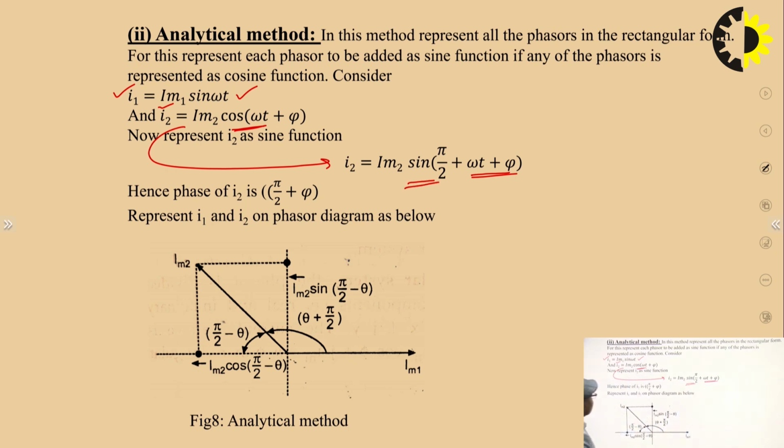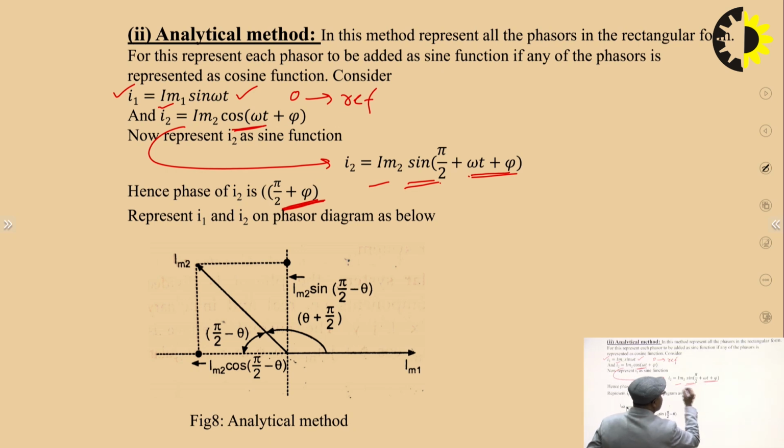We can see that the phase angle of the first one is 0, that is, it is along the reference axis. The phase angle of I2 is pi by 2 plus phi. We can rewrite I2 as Im2 sin(omega t plus pi by 2 plus phi).